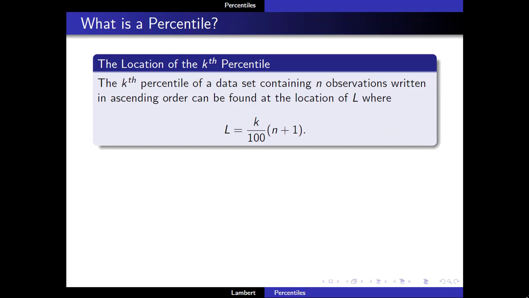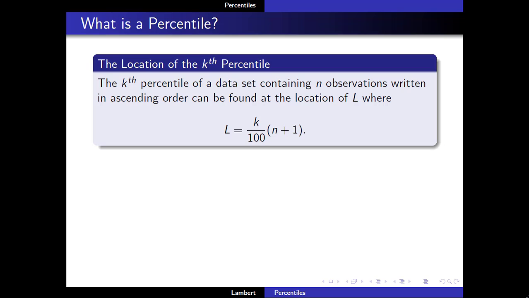So without further ado, let's take a look at how we find the location of the kth percentile. The way we're going to locate that is, if you're talking about the kth percentile, you're going to take k over 100, which is basically turning your percent into a decimal, times the quantity n plus 1. And we've actually seen this formula before in some regards.